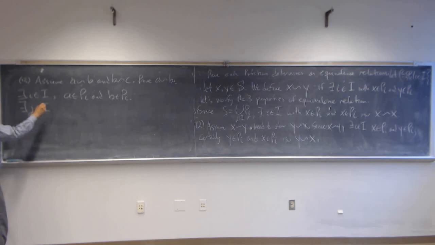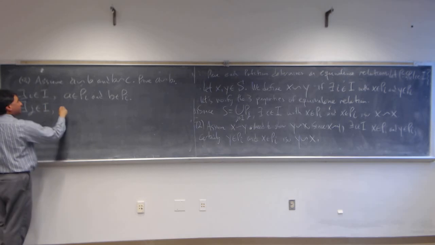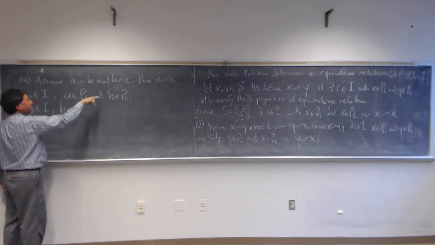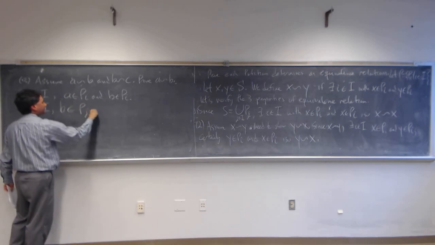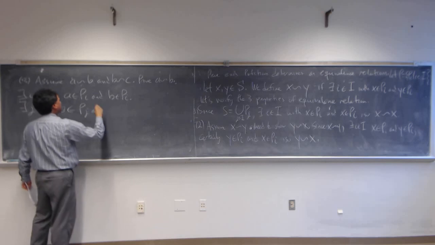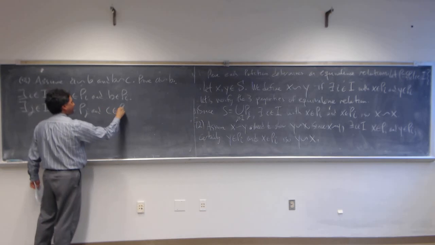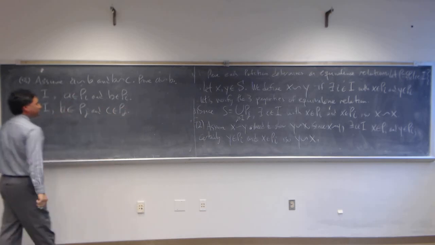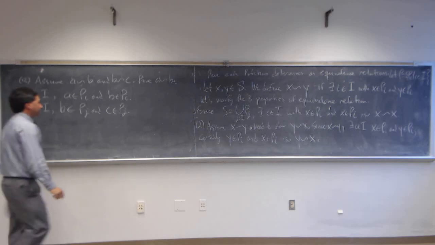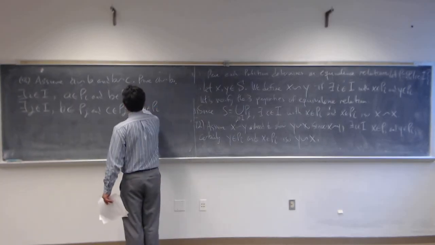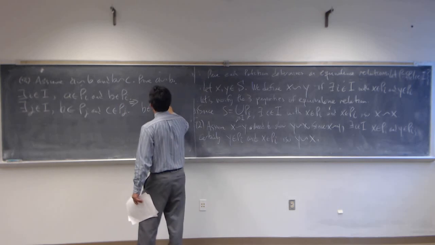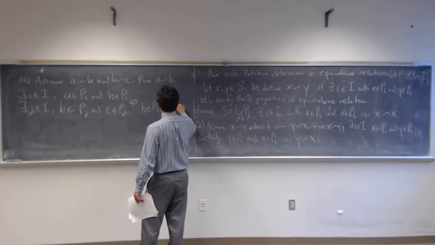There exists another index j in I such that, because B relates C, B has to be in P_j, and C has to be in P_j. But what does that tell us? That tells us that B is in the intersection of P_i and P_j.